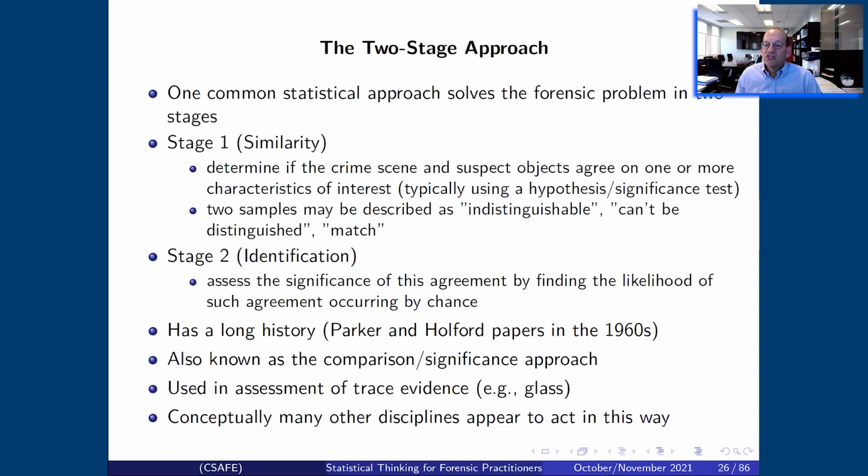So they match, they're similar. But when we say identification, we would say, well, how likely is it to find an individual with a white car? That's pretty common. So stage two in that case would suggest the matching white car evidence, though it's similar, is not strongly indicative of an identification.